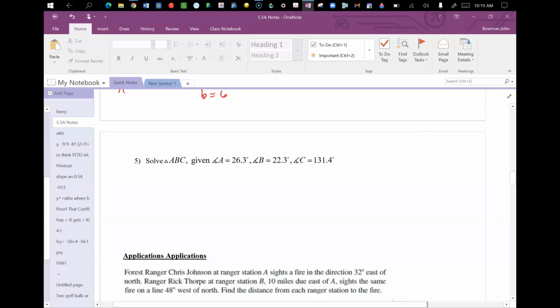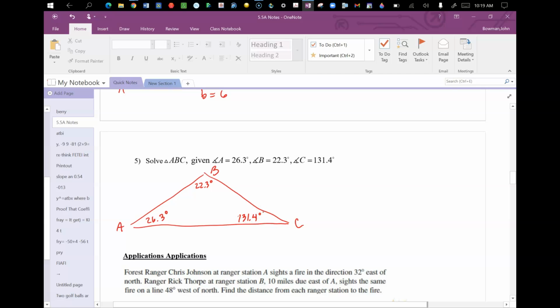Let's take a look at the last situation. We will draw angle A, angle B, angle C. Angle A is 26.3 degrees, angle B is 22.3 degrees, and angle C is 131.4 degrees.